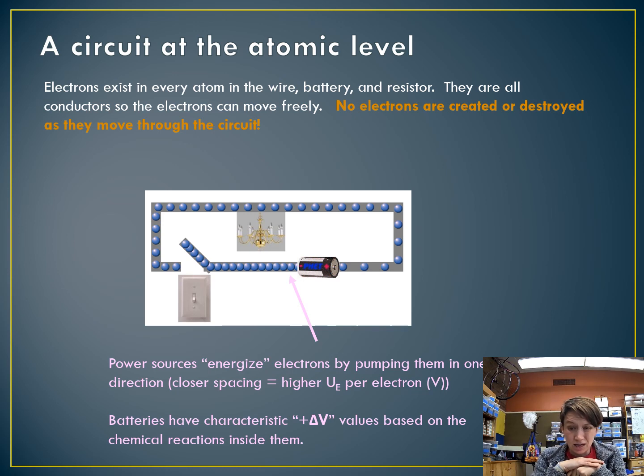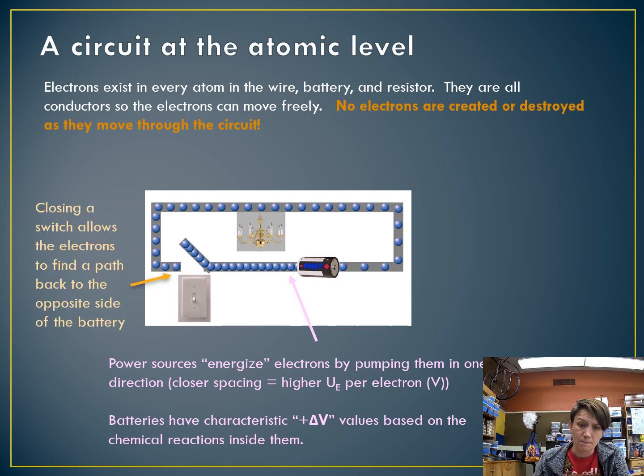So batteries actually tell you voltage when you look at them, which is basically how much energy per electron, or per coulomb of electrons, can I force those electrons to have by my pumping action. So batteries have characteristic voltage values that depend on the chemical reactions occurring inside of them.